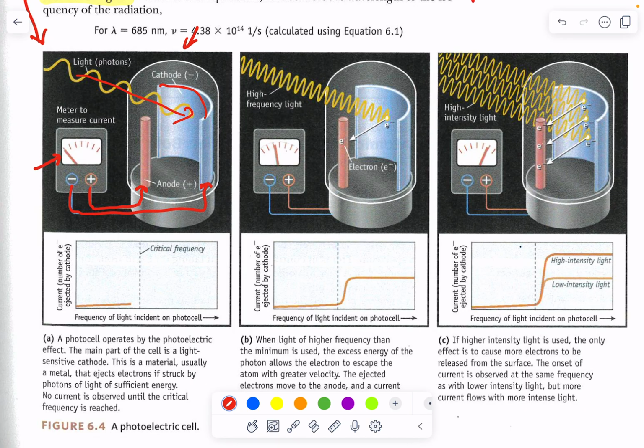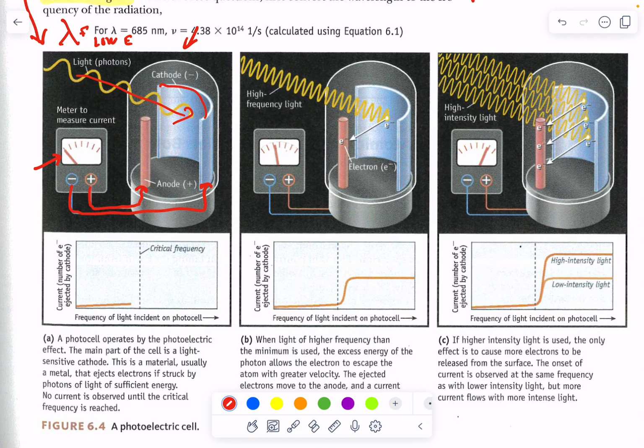Now, if the light is low frequency, which means big wavelength, we have big wavelength, which means we have small frequency. Use the letter F here. And so small frequency means low energy. Low energy coming in, and that energy is not enough to dislodge an electron from the metal.